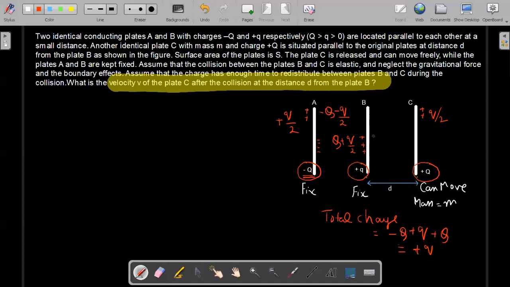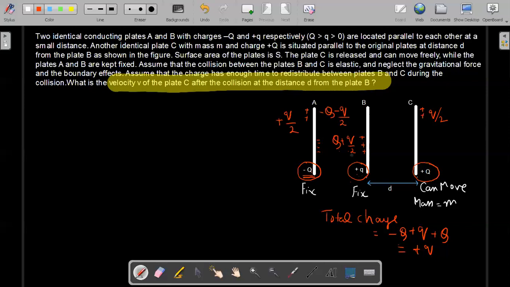The charge on the right side of plate B can be obtained by subtracting this left side charge from the total charge on plate B. The total charge on plate B is plus small q, and the charge on the left side of plate B is capital Q plus small q by 2.